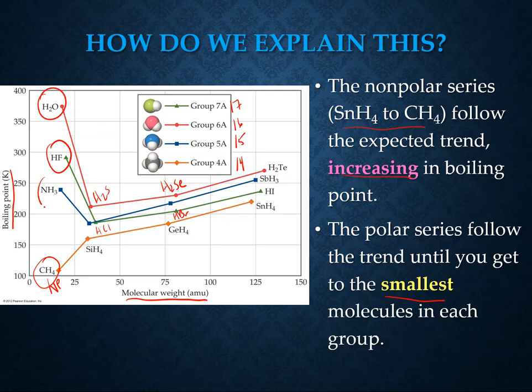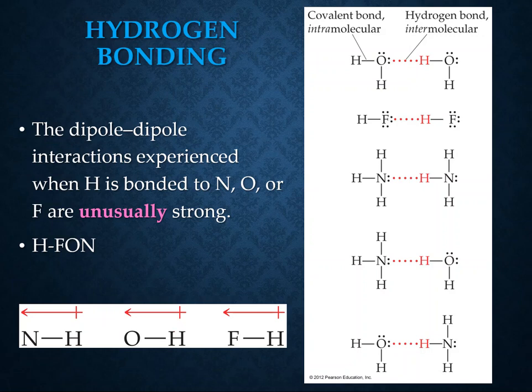Water, hydrogen fluoride, or ammonia, they do not follow the trend at all. They have wacky higher boiling points in comparison to the rest of their group. Now we need to talk about why that is. That is because of hydrogen bonding, the specialized dipole-dipole interaction that's unusually strong. And it only takes place between these four elements.